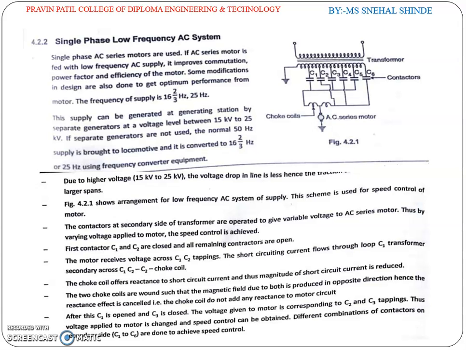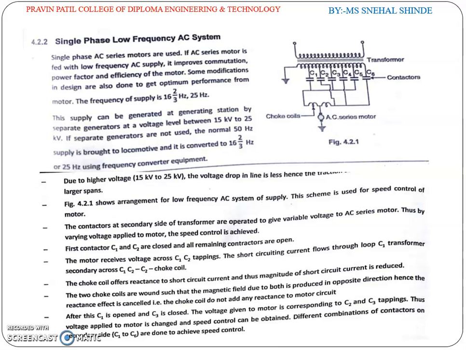Due to the higher voltage, 15 kV to 25 kV, the voltage drop in the line is less and hence the traction allows larger spans. So the figure shows arrangement for the low frequency AC system of the supply.